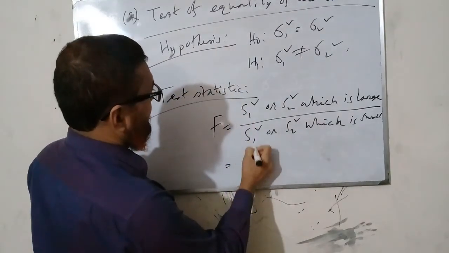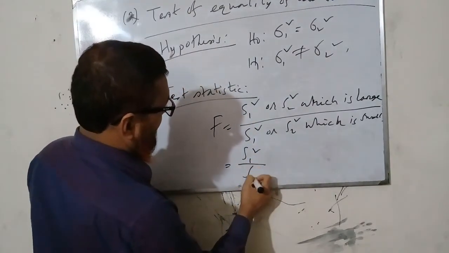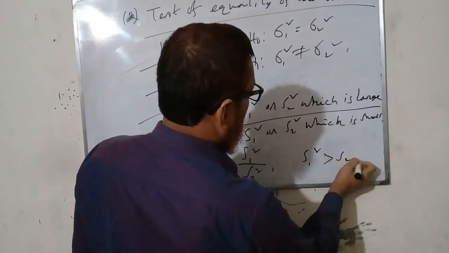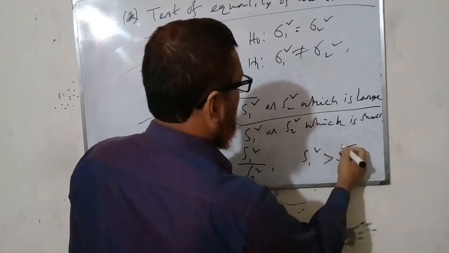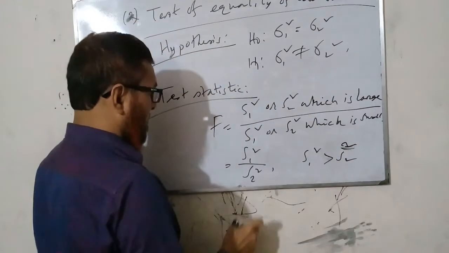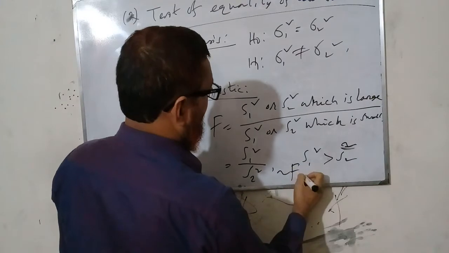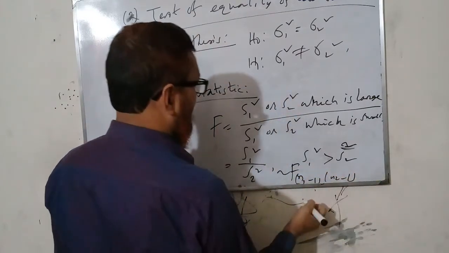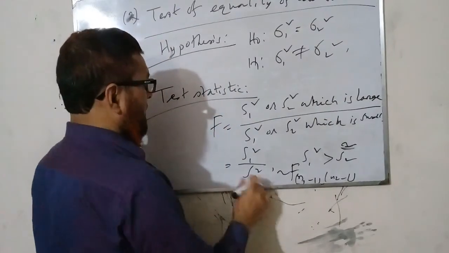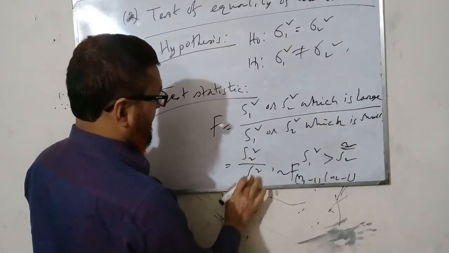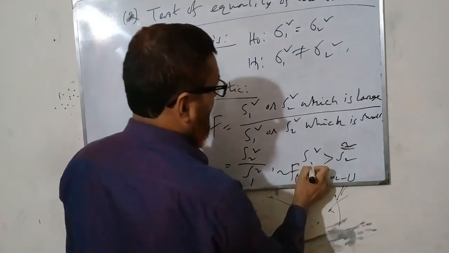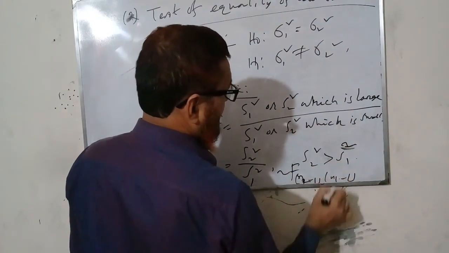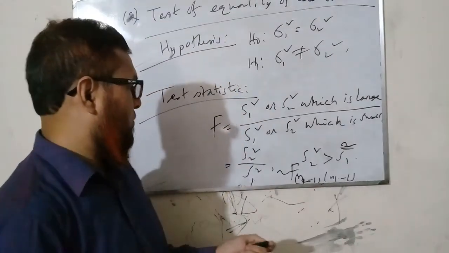If s1 square is greater than s2 square, then this follows the F distribution with n1 minus 1 and n2 minus 1 degrees of freedom. If s2 square is greater, then n2 minus 1 and n1 minus 1.